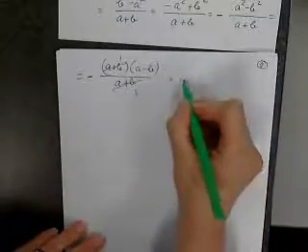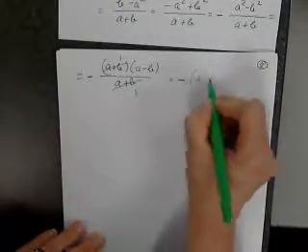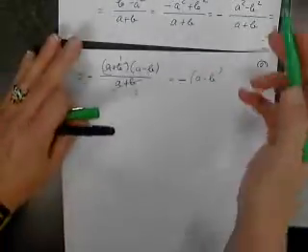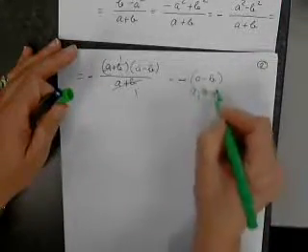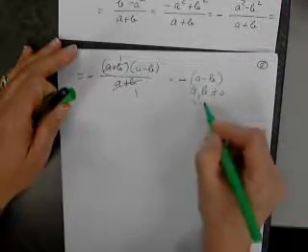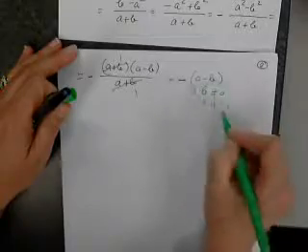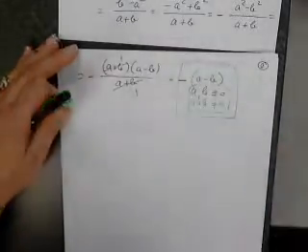You don't have to distribute. You can leave the negative outside and write a minus b. Of course, with the conditions, a and b cannot be 0, and a plus b cannot be 0. Any questions?